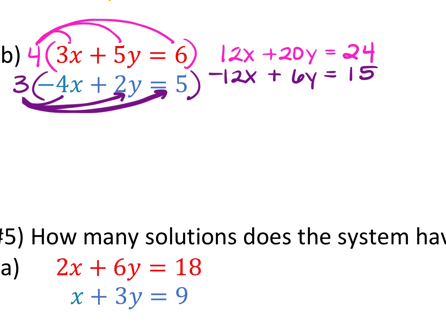Oh, sorry. I already took out the X. Just take out the X. We're going to add the two equations together, right? Big plus sign here. Okay, add the two equations together. This is 0. What do you get here? 26y equal to what?